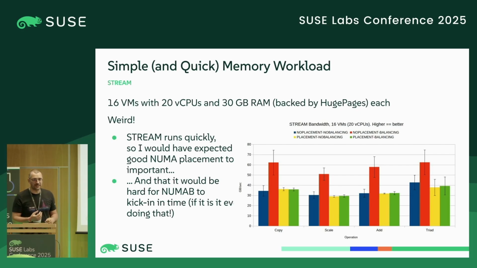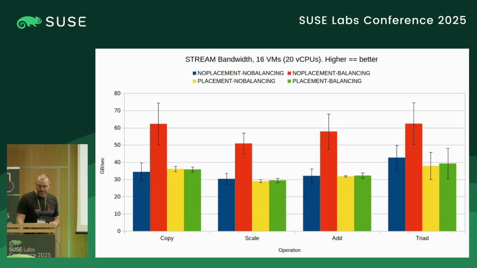So I was expecting, even if NUMA balancing were effective, for it to not be able to act in time and achieve better performance than static placement, but apparently there's something else to discover here.